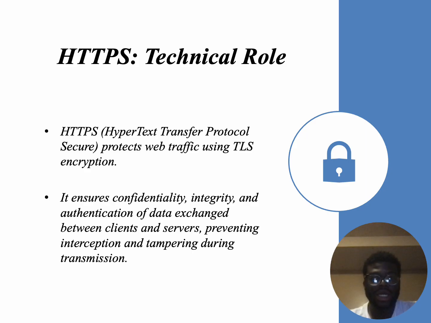The next slide, HTTPS technical role. HTTPS, which stands for Hypertext Transfer Protocol Secure, protects web traffic using TLS encryption. So with HTTPS you use encryption, which protects the web traffic. It ensures confidentiality, integrity, and authentication of data exchange between clients and servers, preventing interception and tampering during transmission.